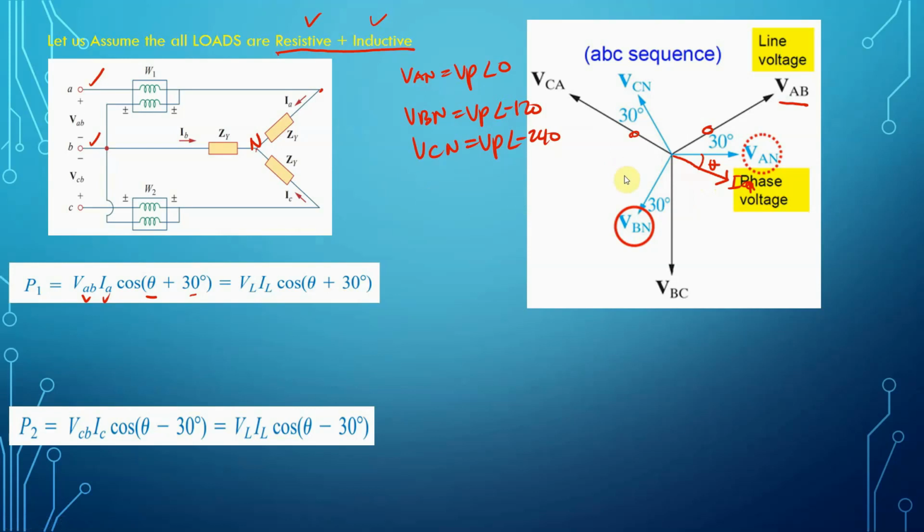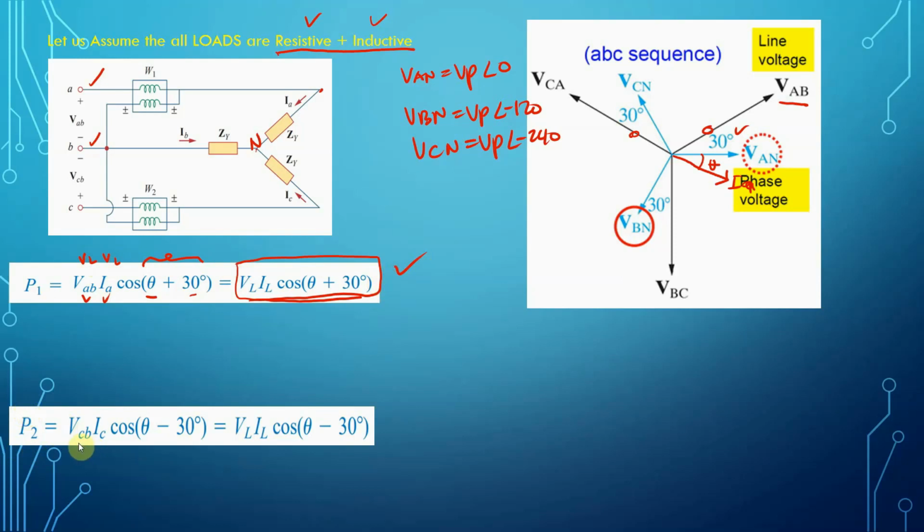So with this case, VAB multiplied by IA, cosine, the phase angle between them is 30 plus theta. Since here VAB is a line voltage, and IA is also a line current, we can simplify this equation as VL IL cosine theta plus 30.